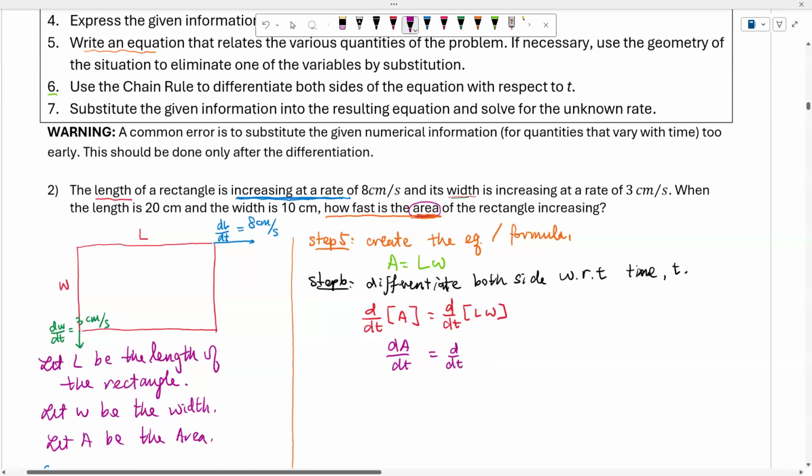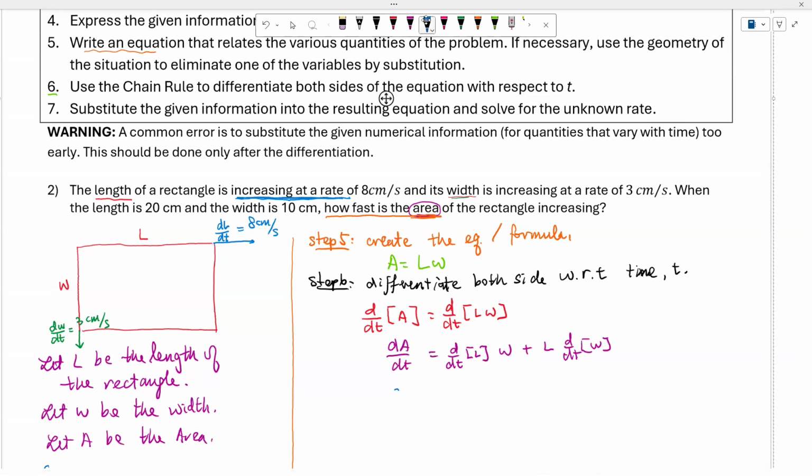We take the derivative of L with respect to time times W, plus L times the derivative of W with respect to time. Then let us simplify this: dA/dt is equal to W dL/dt plus L dW/dt.